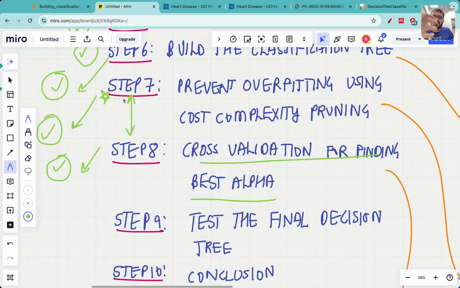In step number 7, we just qualitatively saw which alpha value to use for one training testing split. But as we saw in step 8, different training testing splits lead to different accuracies for the same alpha. Hence, it's better to do cross validation when we choose the alpha.